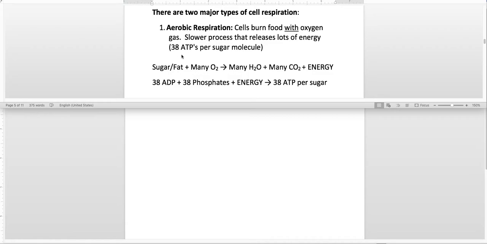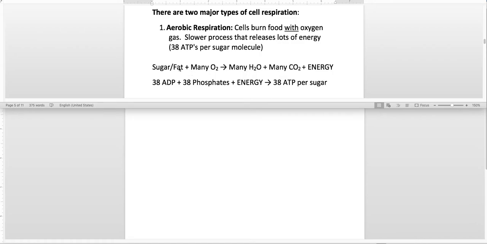So during aerobic respiration, food molecules are broken down with oxygen to create water and carbon dioxide gas. Those are the chemicals that you end aerobic respiration with. The chemicals you start it with are sugar or fat and oxygen gas. The chemicals you end it with are water and carbon dioxide.